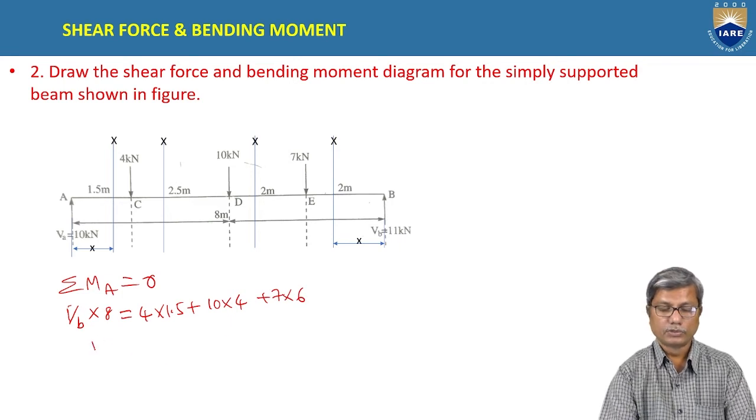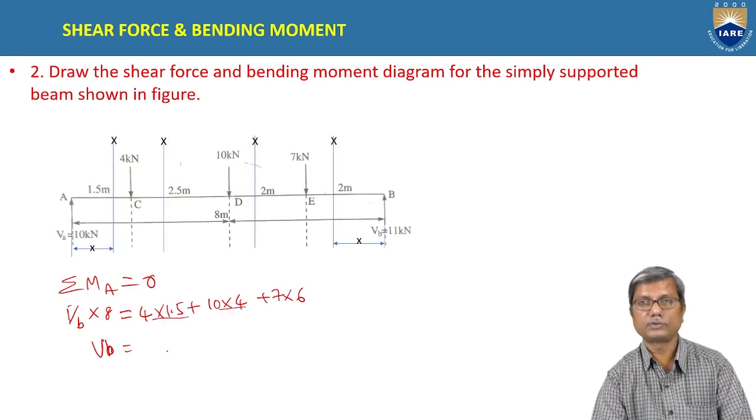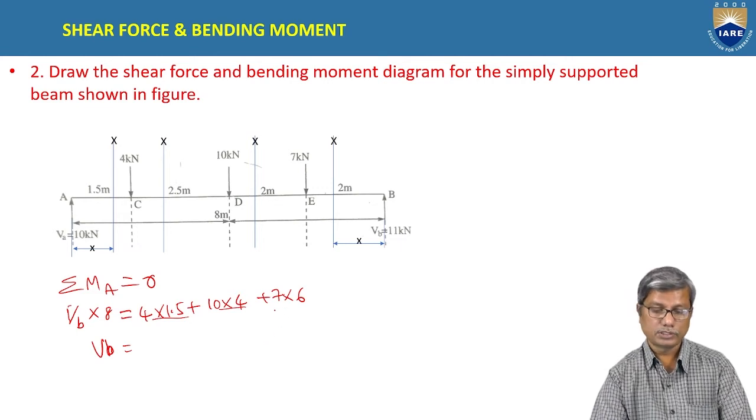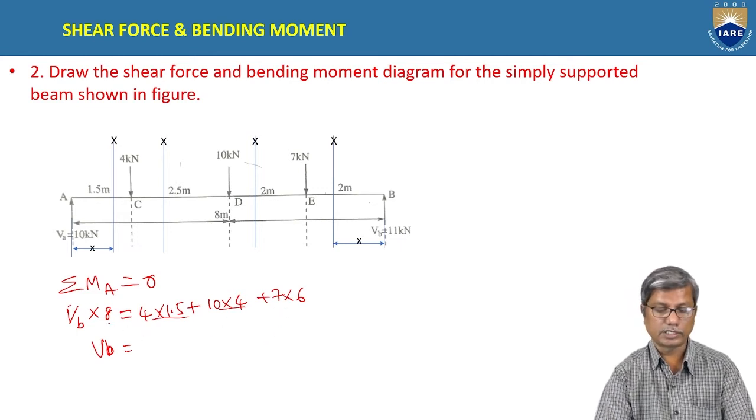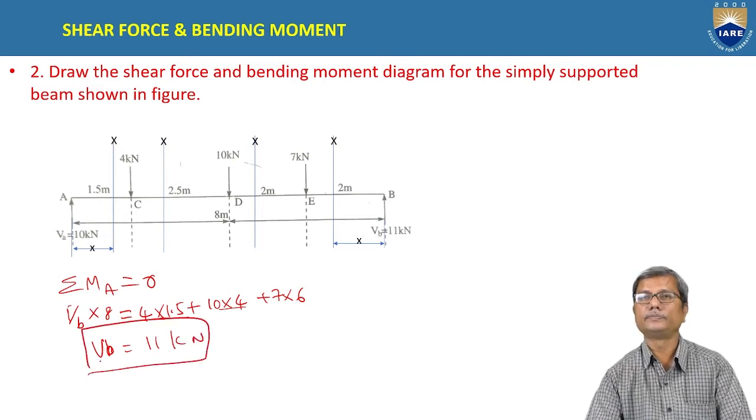So this gives VB equal to 6 plus 40 plus 42, so it is about 88. You will get 88 by 8, that is 11 kilonewtons. That is the reaction at B.